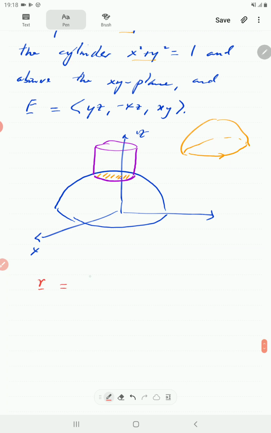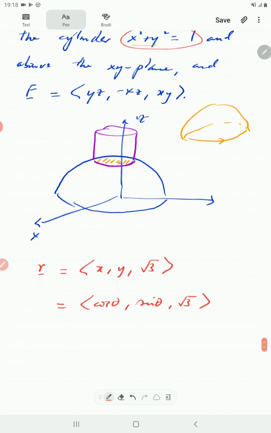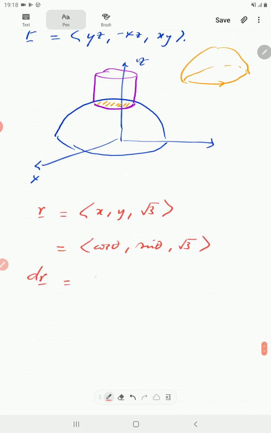So it's exactly at z equals root 3. That means the parametrization is going to be x, y, z, with z root 3. Since it's on the cylinder x squared plus y squared equals 1, the parametrization is going to be cosine theta, sine theta, root 3. So dr is going to be negative sine theta, cos theta, 0 d theta.